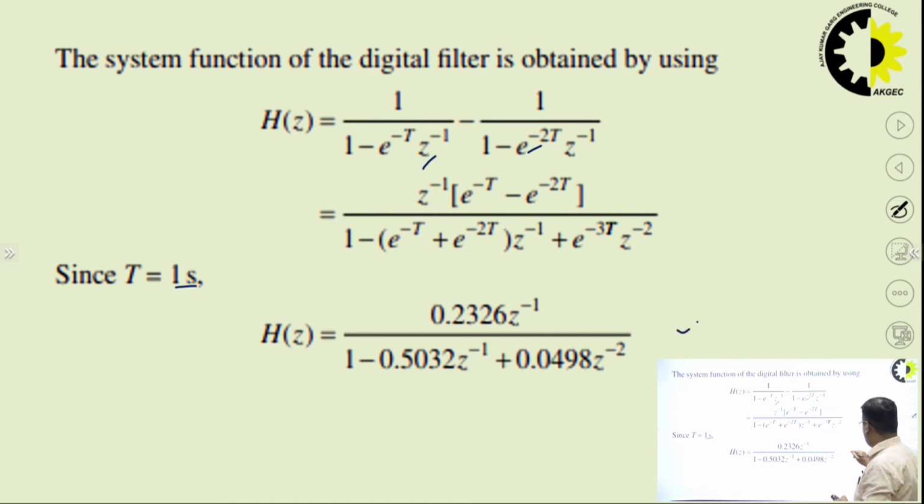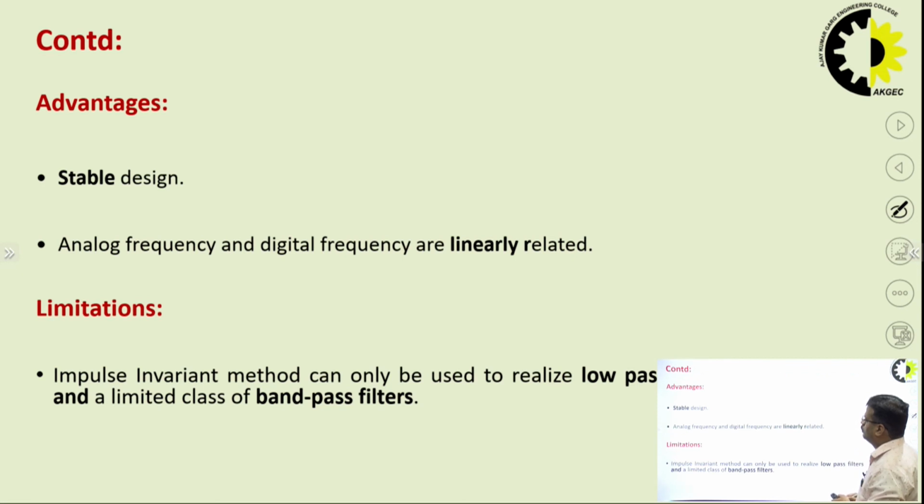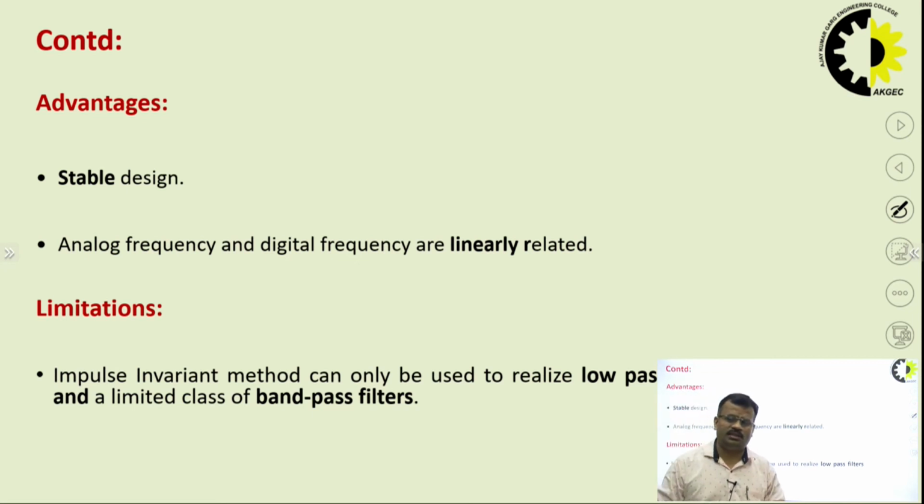Remember this point. Okay. Now advantages. This is a very simple method. You only have to remember three formulas and three basic steps by which those formulas can be derived. You only have to apply them to the given H(s), but your mathematical calculation ability should be good. It produces a stable design.